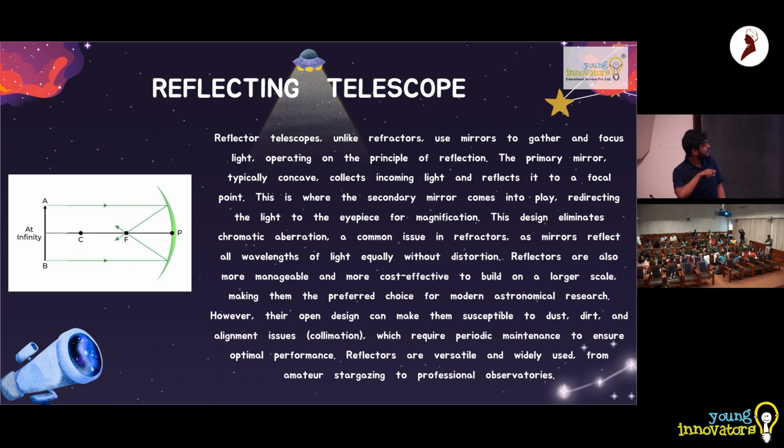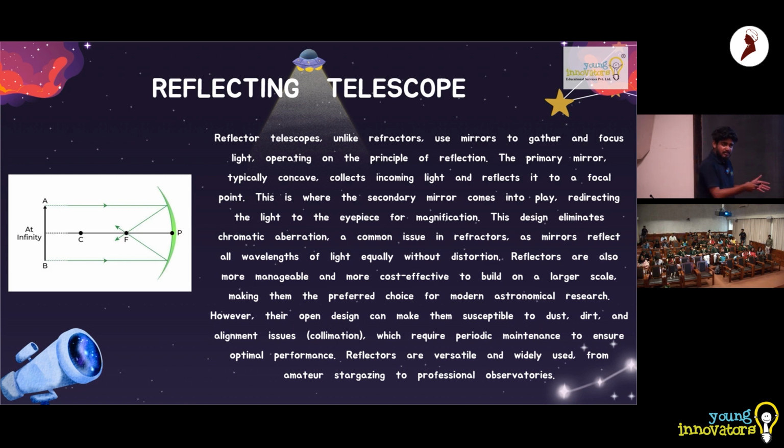Instead of this point, he kept another flat mirror to reflect off the light at a 90-degree angle, so that you can view it somewhere around this area. That is how a reflecting telescope works.